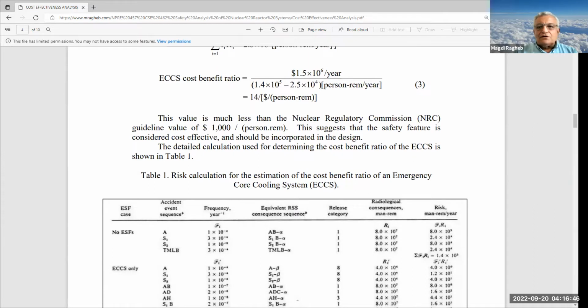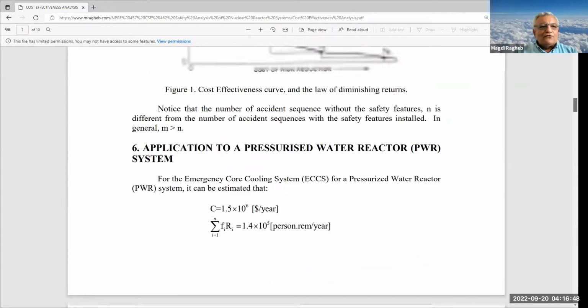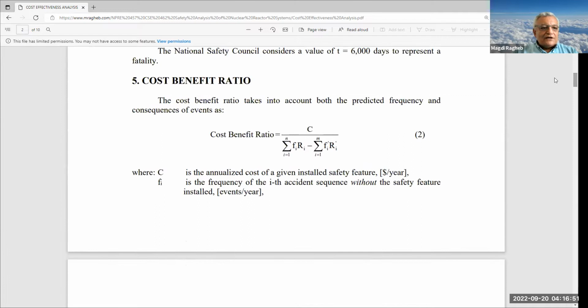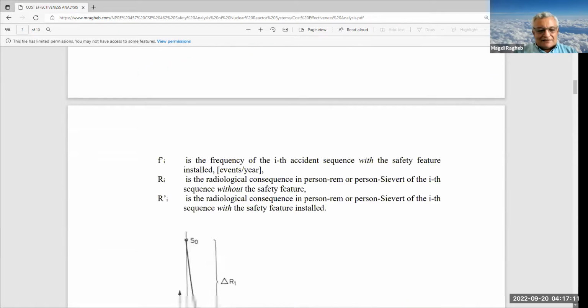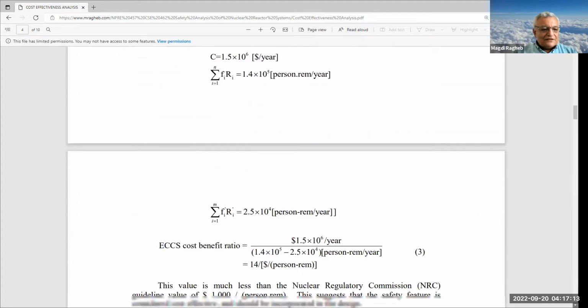Notice here that in the denominator, we had, before the application of the safety feature, N type options of things going wrong or sequences of accidents. And when we apply the safety feature, we get M. And the interesting thing is that M here, because now we added complexity to the system, M can be larger than that small n. And in fact, that's what happens in the reactor safety study.